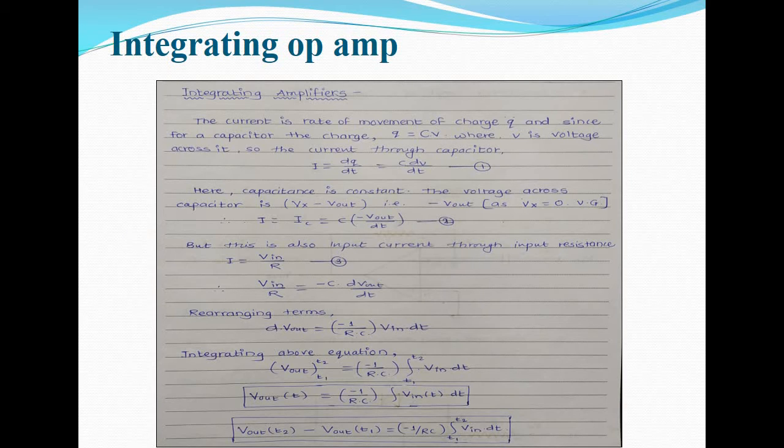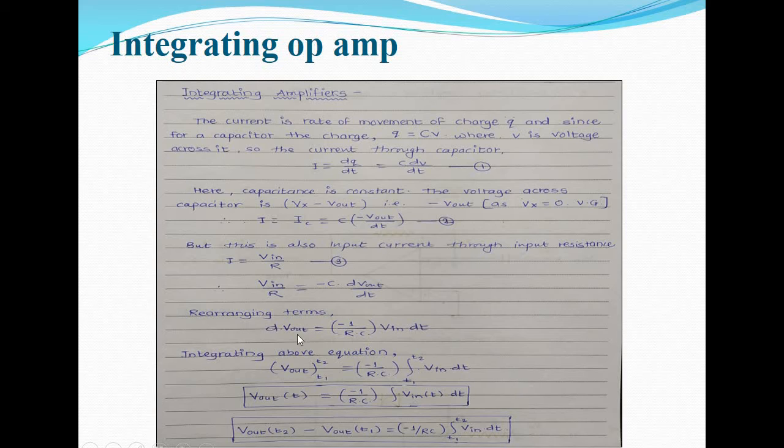So in other terms, it can be written as I is equal to V in divided by R. So our general formula is I is equal to V upon R, current equals voltage upon resistance. So it can be written as V in divided by R equal to minus C dV out divided by dt.